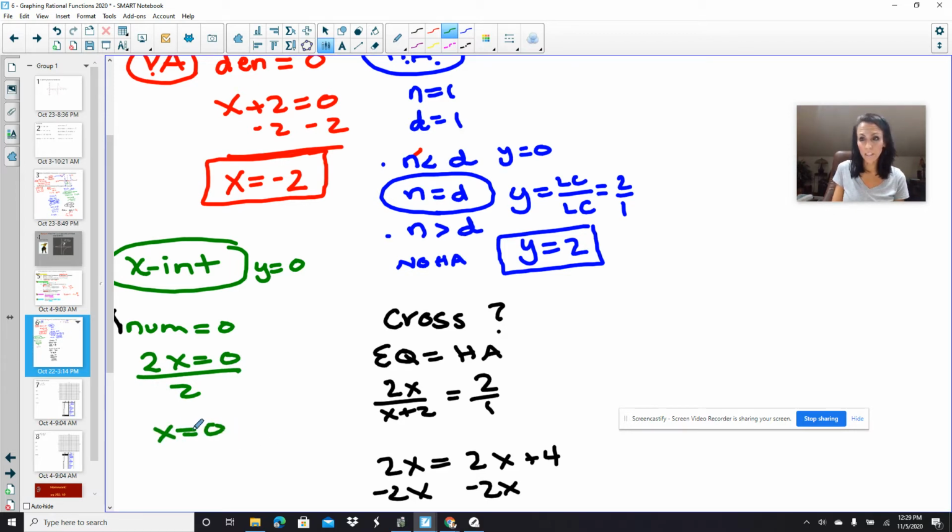Now remember, an intercept is a point. So we write this as a point, (0, 0) is our x-intercept. Now let's do our y-intercept.